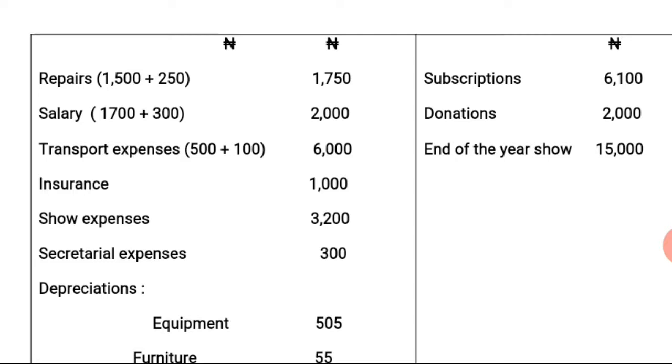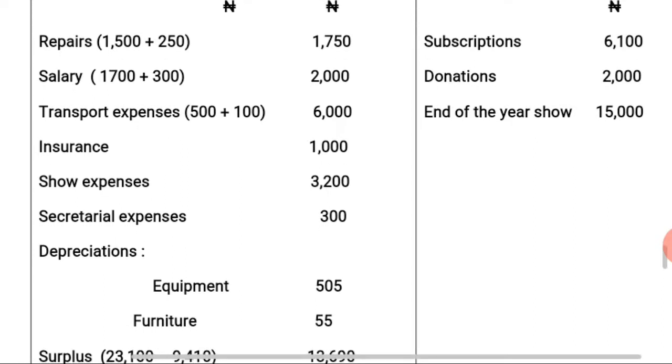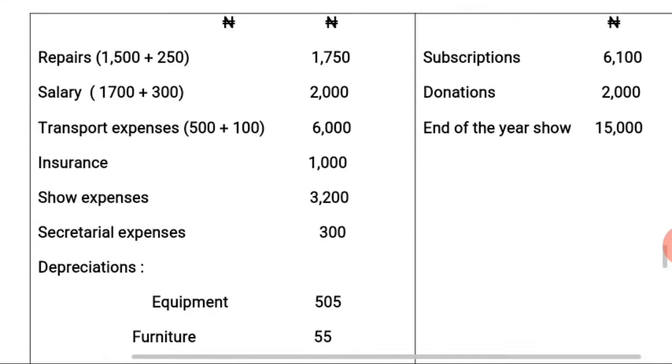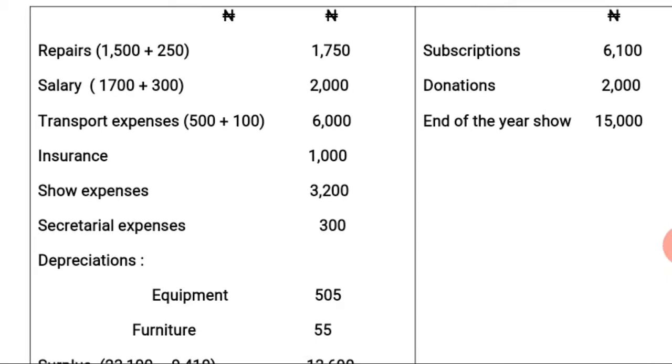Then salary, we have salaries of 1,700 naira paid from receipts and payments account. Then we had 300 naira, which is the value of salary owing as at the end of the year 2014, as stated in the additional information number 3. So you have 300 naira to 1,700, you have 2,000 naira.